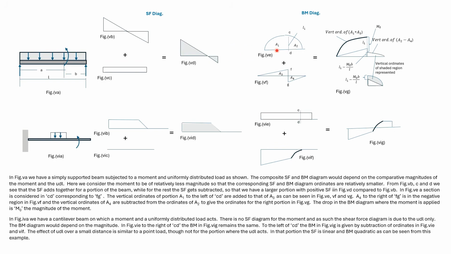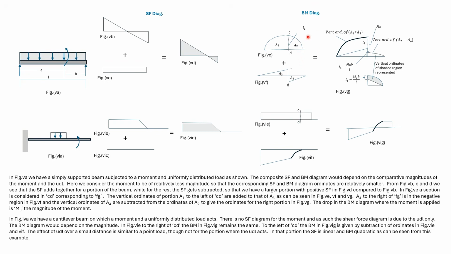Like shear force, the composite bending moment will depend upon the magnitudes, and we have chosen a particular case. Here we take a section CD, which is at the same point where the moment acts. We'll then add A1 to A3 and subtract A2 and A4.